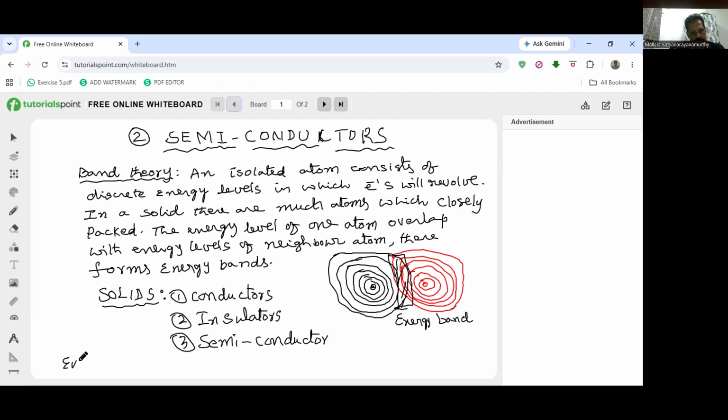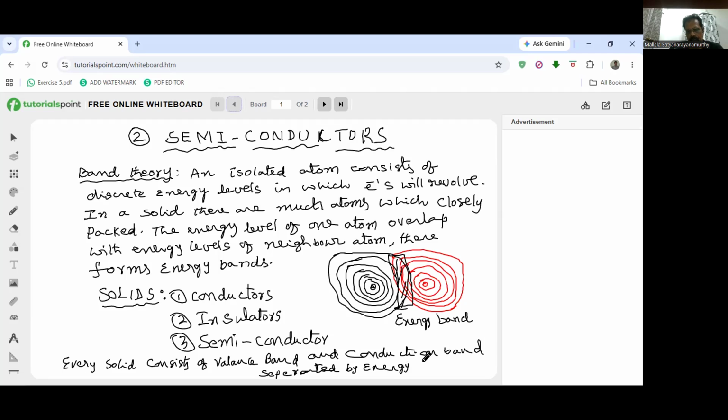Every solid consists of a valence band and a conduction band, which are separated by an energy gap.